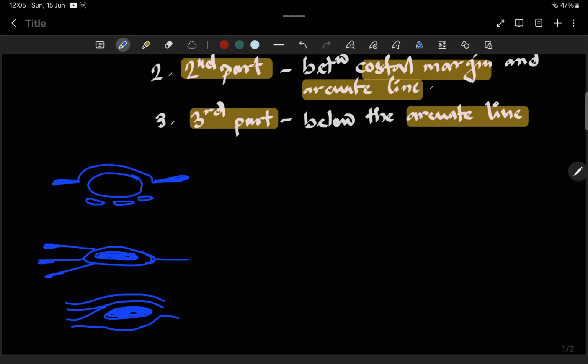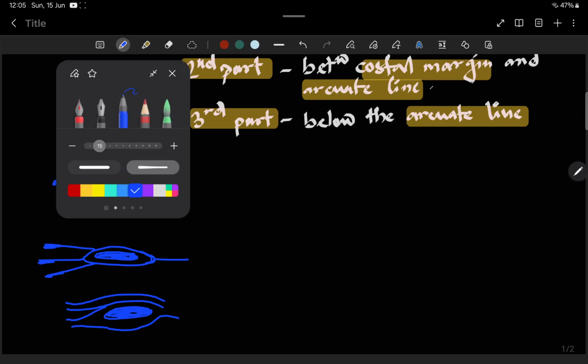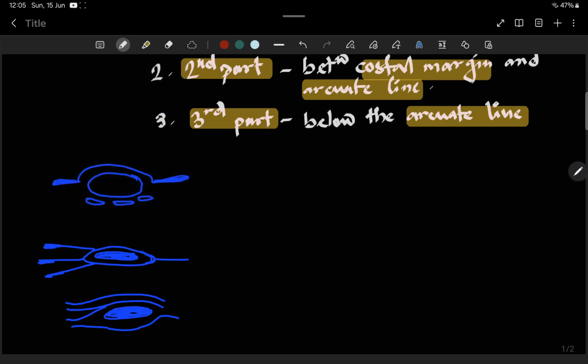This one is the external intercostal. External oblique.